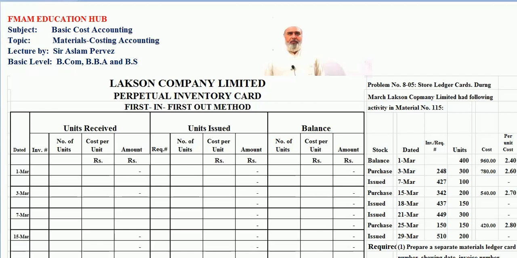Students, before solving this problem, firstly we have to study what is the meaning of material costing. For this purpose, we move to another slide as an introduction.